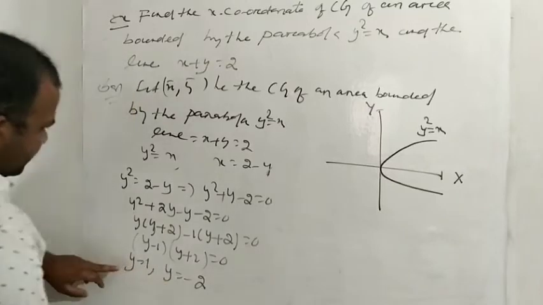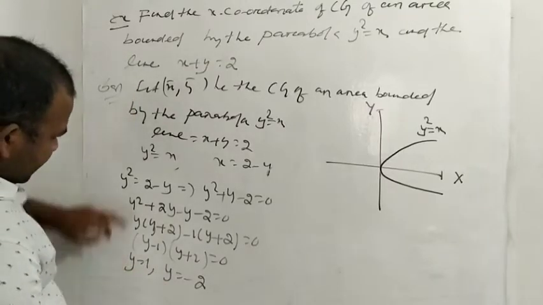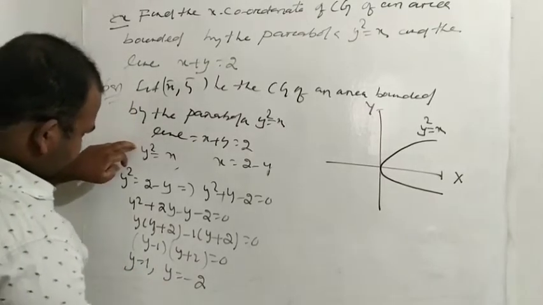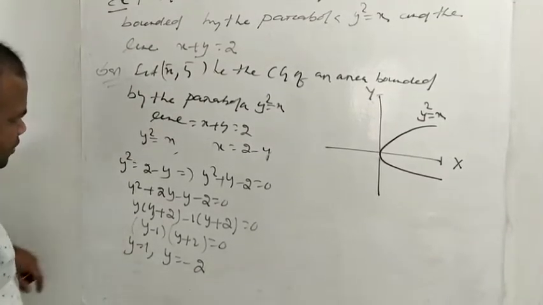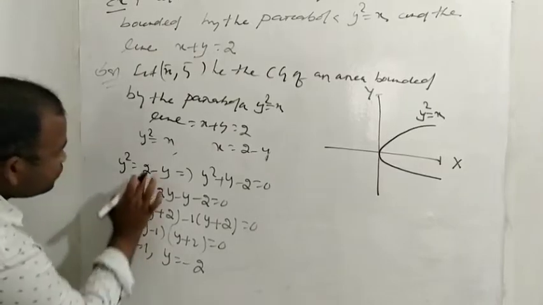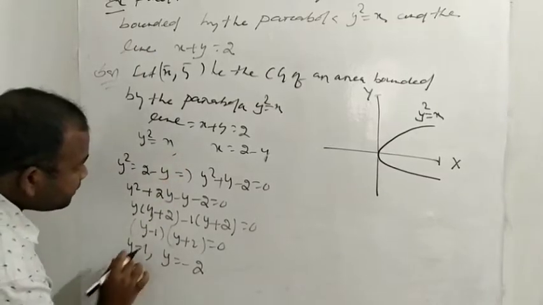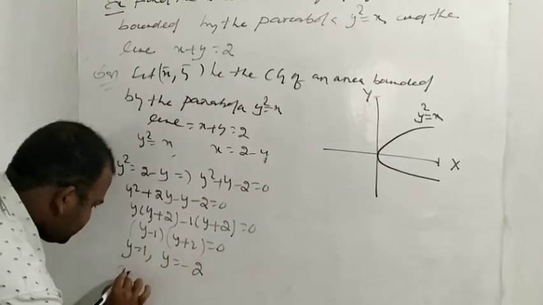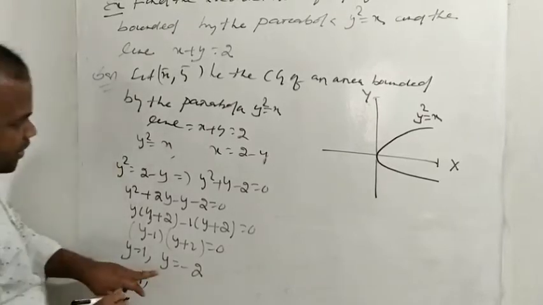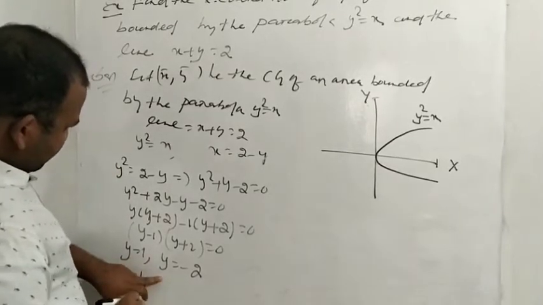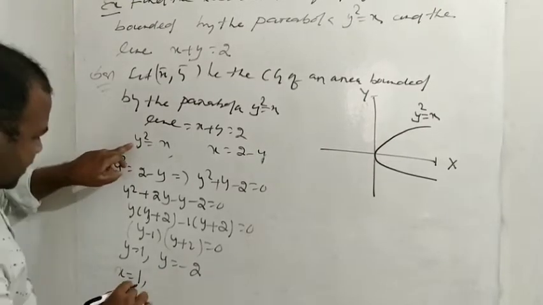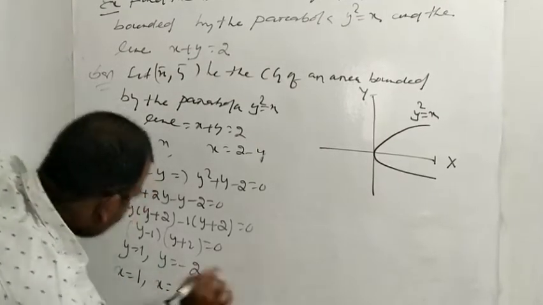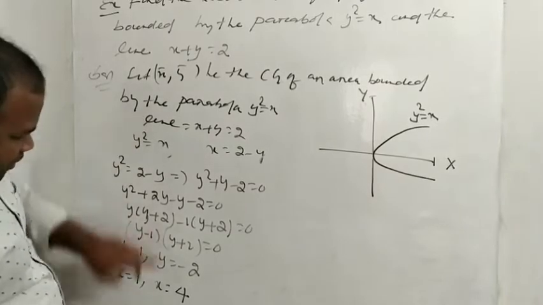Whenever y equals 1, x equals 1. If y equals minus 2, then x equals minus 2 squared, which is 4.